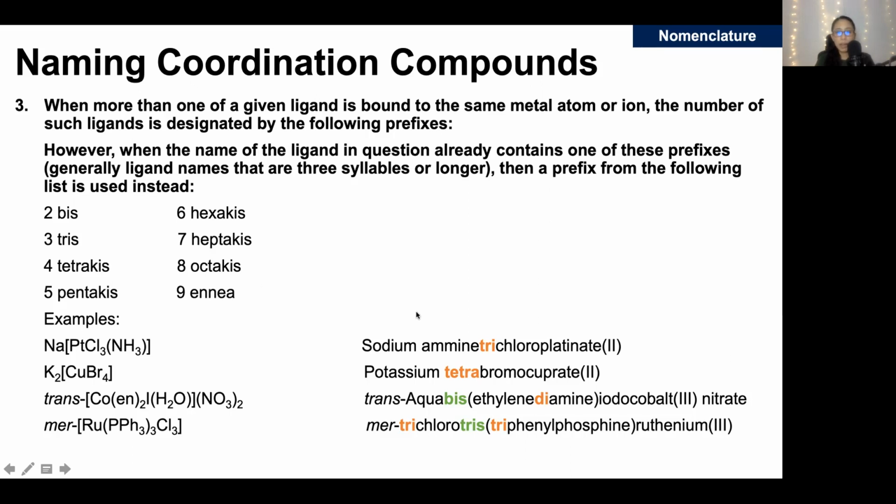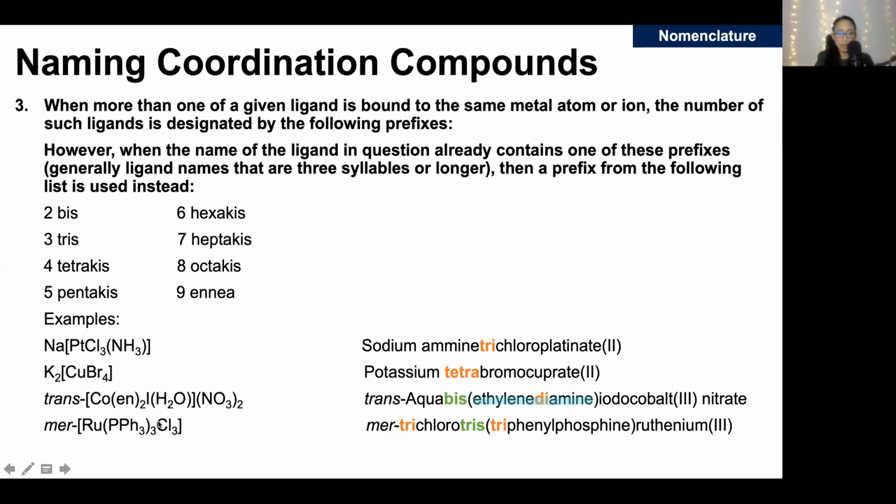This is in the case of our polydentate ligands. In this example, we have ethylene diamine, which already contains the prefix di. So to tell us that there are 2 ethylene diamine ligands in this complex, we use the prefix bis, enclosing the name of the ligand in parentheses. Okay, bis(ethylenediamine)iodocobalt(III) nitrate.